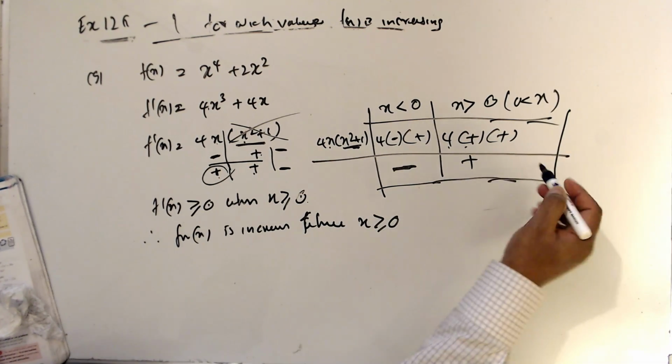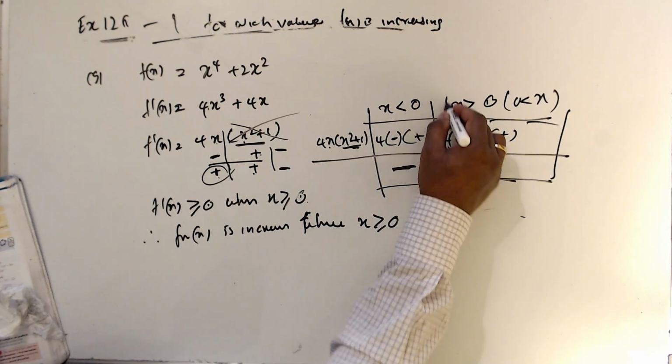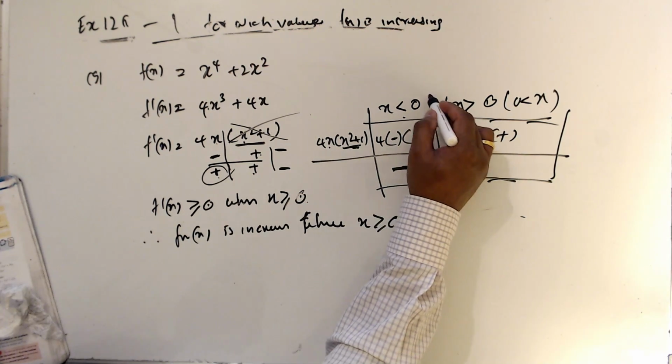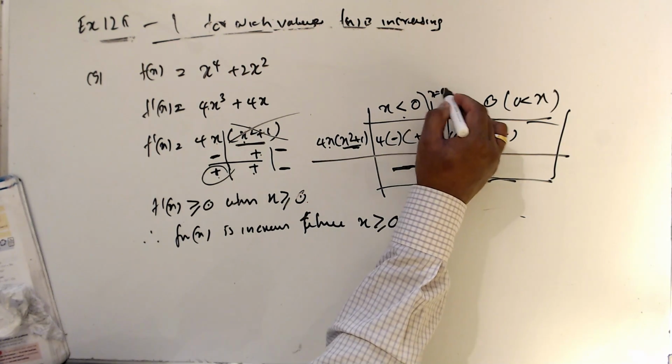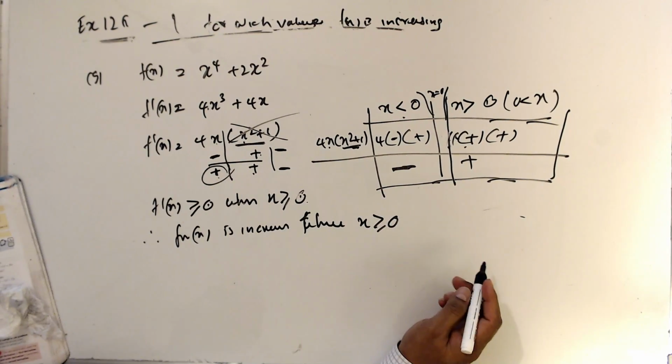So for x greater than 0, it is positive. Hence, for x less than 0, x equals 0 and x greater than 0, this is greater than or equal to 0.